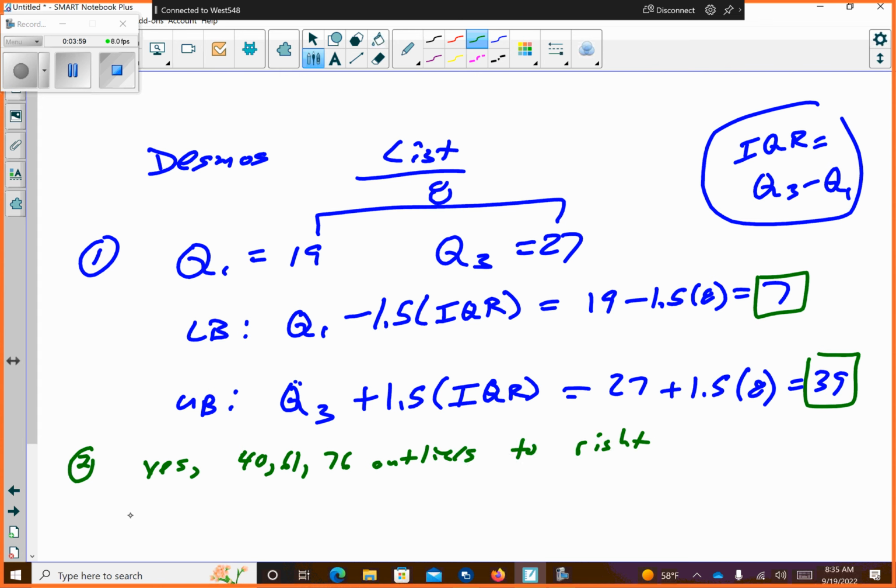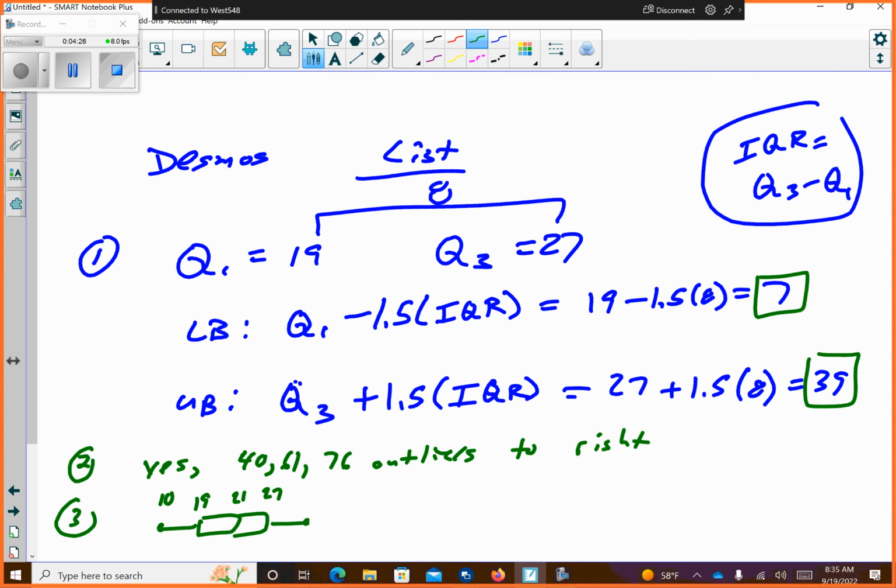And then if you constructed a box and whiskers, basically it's going to look something like this. So this would be at, say, 10. This would be at Q1, 19. I don't even know what my median is. I didn't find it. Looks like about 21-ish. And 27.